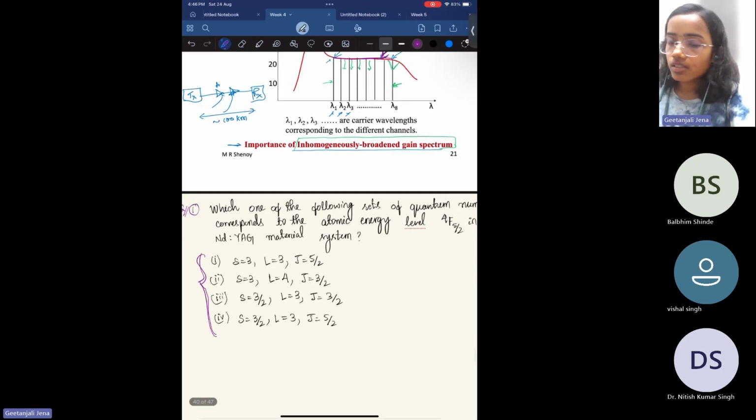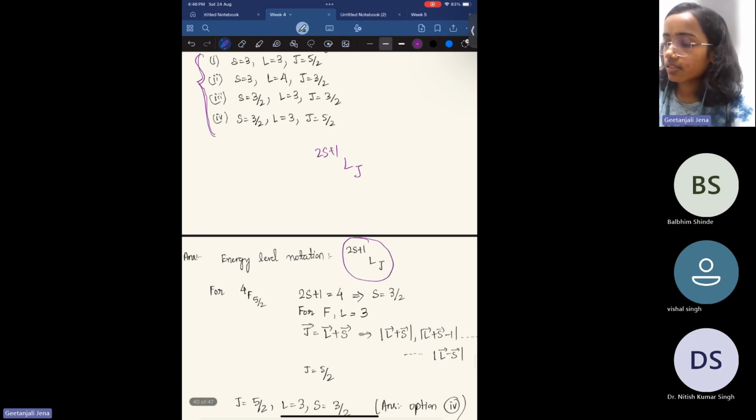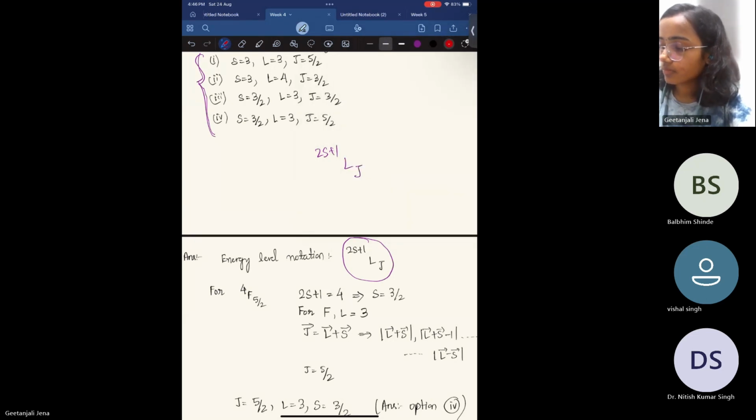The standard notation for the energy level is 2S plus 1, L, J. For 4F 5/2, what is S? 2S plus 1 is 4, so S is 3/2.